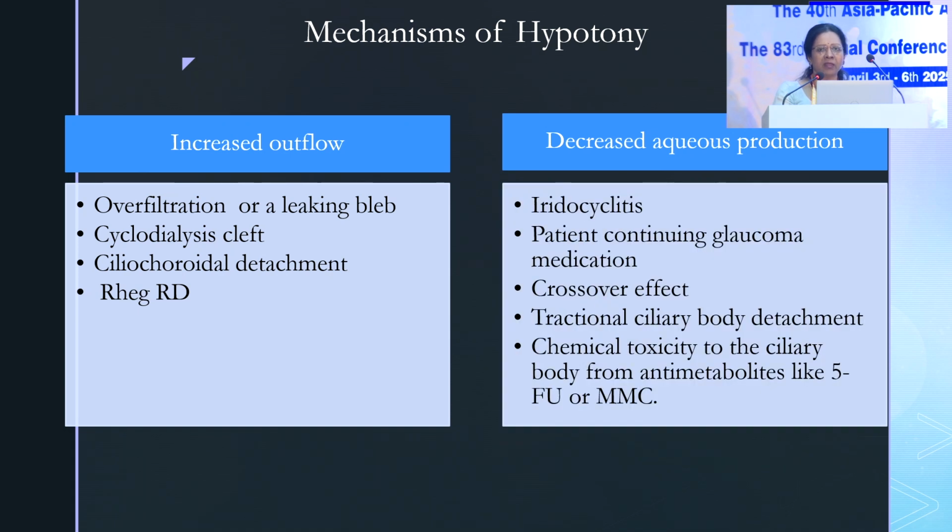One thing we need to keep in mind is the patient continuing glaucoma medications even after the glaucoma surgery. It could also be because of a crossover effect due to the anti-glaucoma medications used in the other eye. Then the other rare reasons are tractional ciliary body detachment and chemical toxicity to the ciliary body from the antimetabolite use.